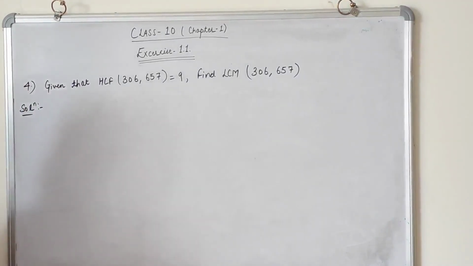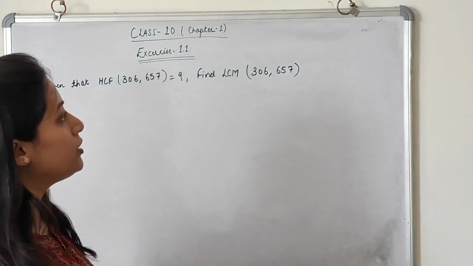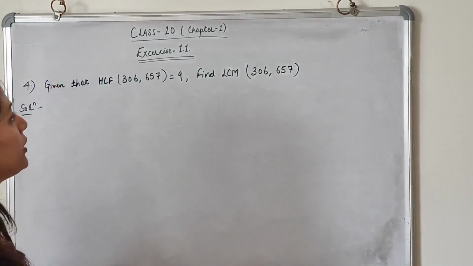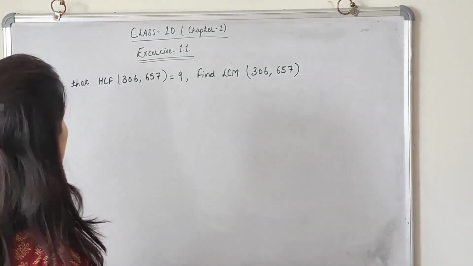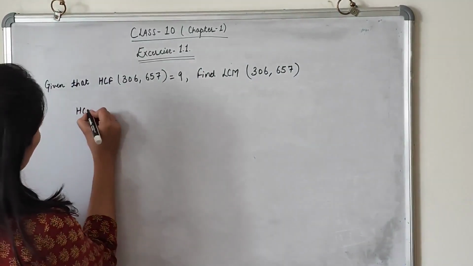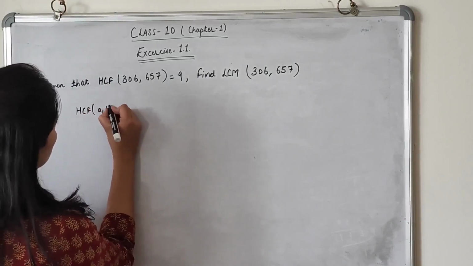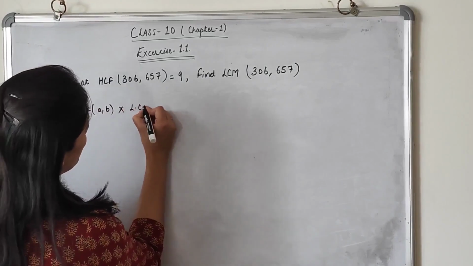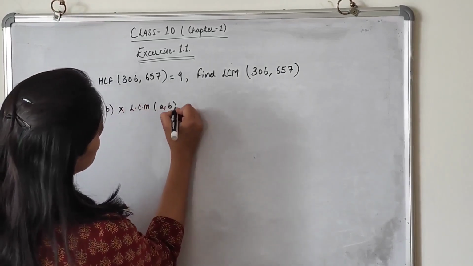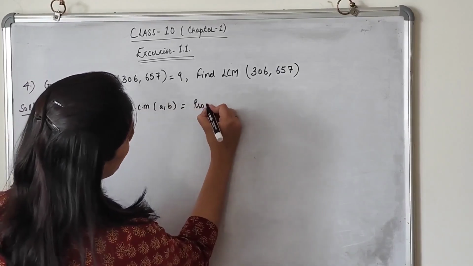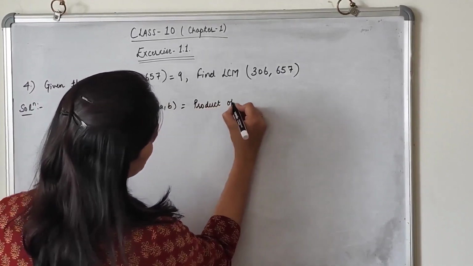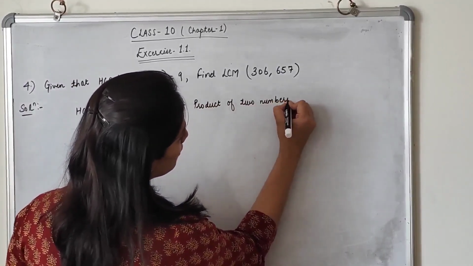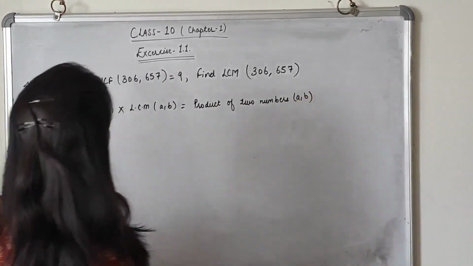In our previous introduction video, we discussed the relationship between HCF and LCM, and from there we derived one formula. What was that? HCF of two numbers into LCM of two numbers is equal to the product of two numbers. Yes.